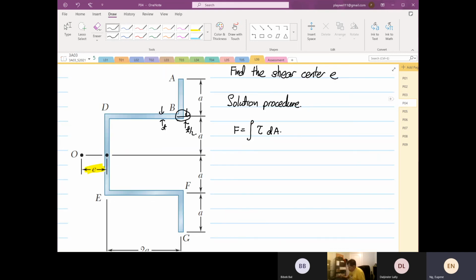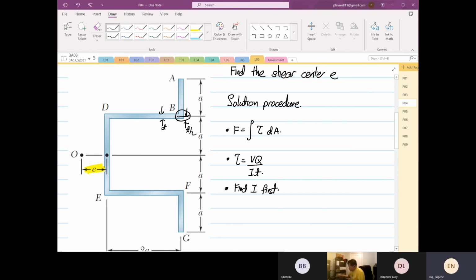Okay. So we have to now, before we do anything, all right, we have to find the force first. In order to find the force, right, we need to relate with the shear stress is equal to VQ over IT. Right? You need that. Okay. Right? And then before you can find what is, so you also need to what? Find I first. Right?